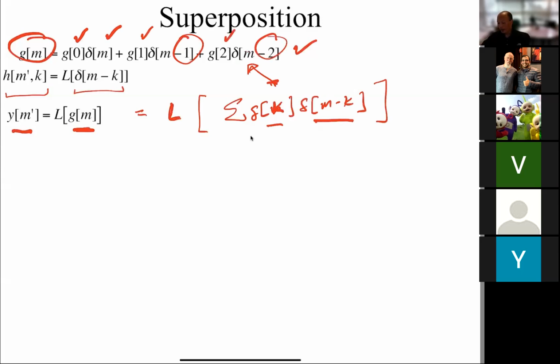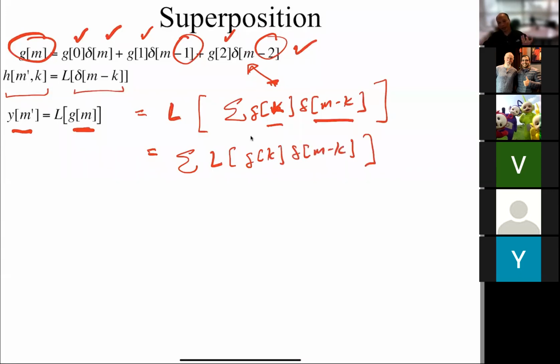Okay. Now, since it's a linear system, I can bring that L all the way in because I know that the response to a sum of inputs is just the sum of those outputs. So I can certainly write that this is equal to the sum of L of g of k delta m minus k.